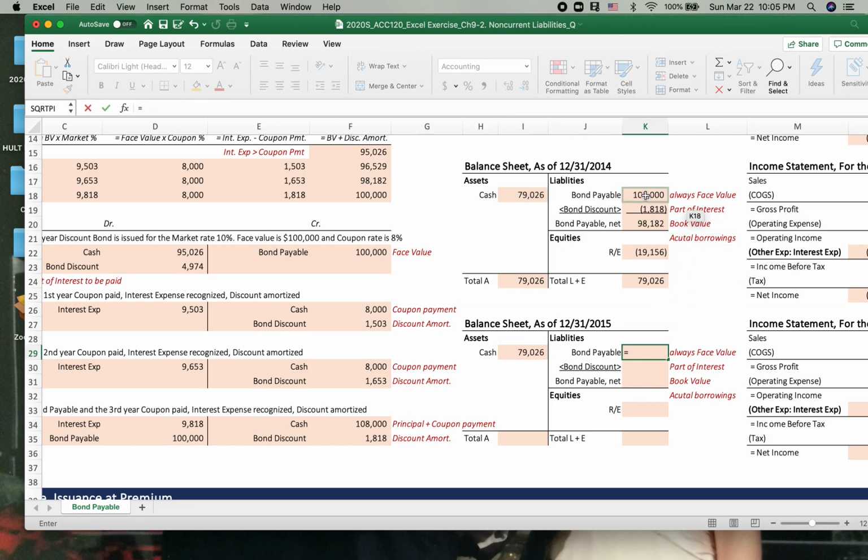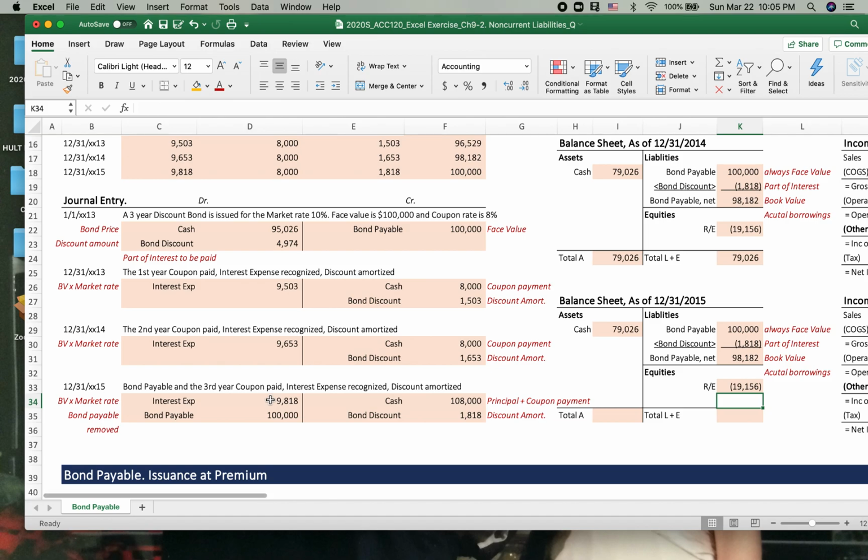The bond payable, always face value based on the historical, the original cost, the principal, and the bond discount. Then the net amount, same as this, and the retained earning you have accumulated.